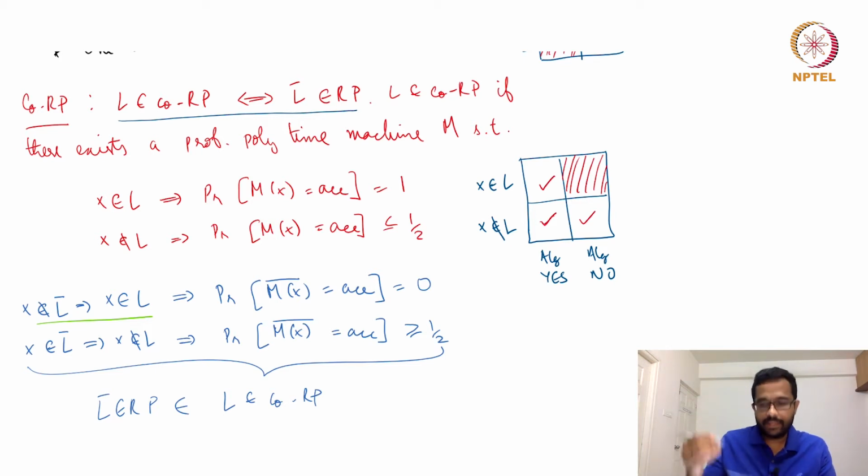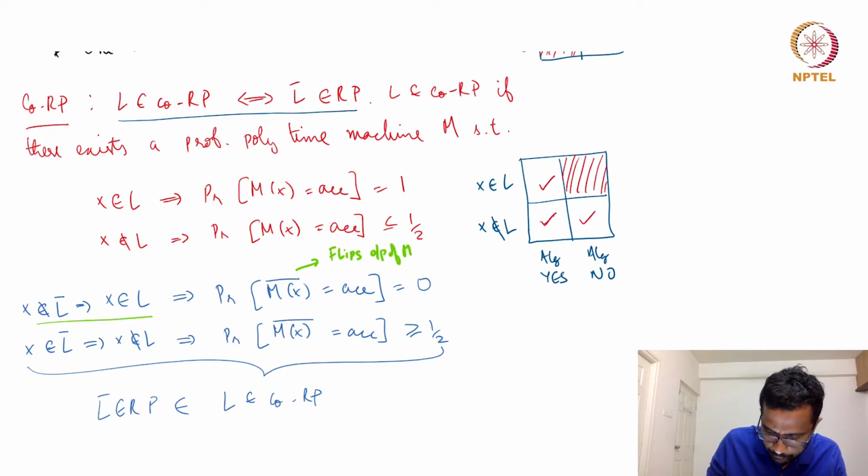Now think of a machine M bar. M bar just flips the output of M. So if X is in the language, then the probability of M accepting is 1, so the probability of M bar accepting is 0, because M bar is just going to say the opposite of whatever M is saying.